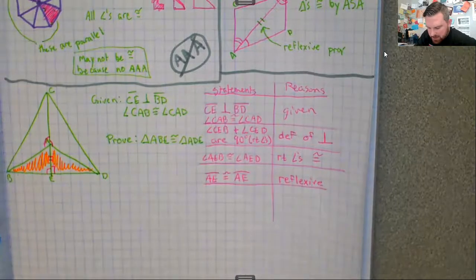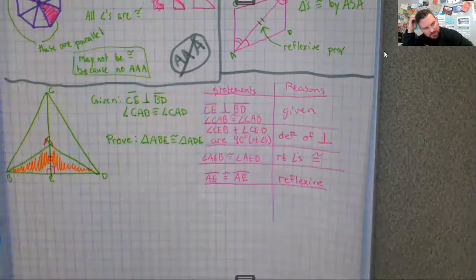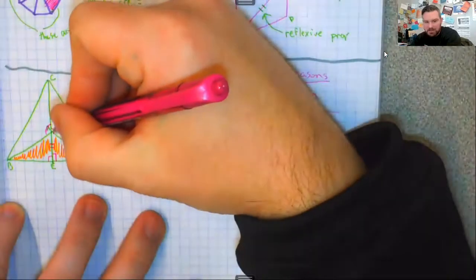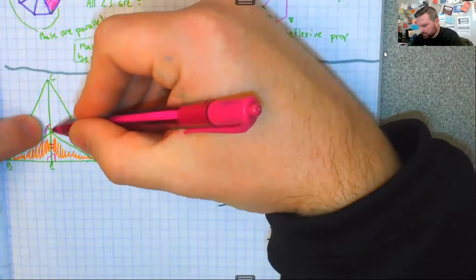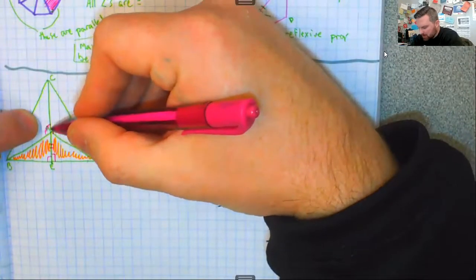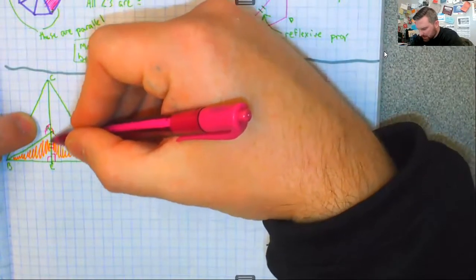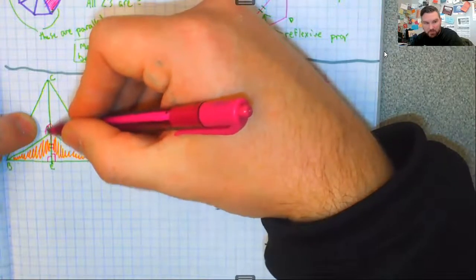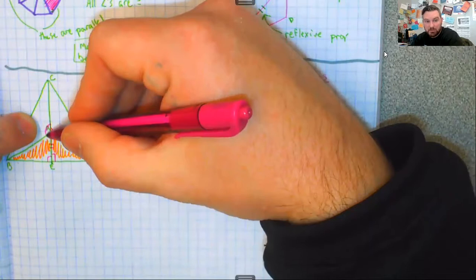And now the next one is kind of a hard reason or a hard statement to make. We need to use that these angles are congruent. If you notice here, I have a line, and this angle and this angle add up to 180. They're a linear pair, they're supplementary.